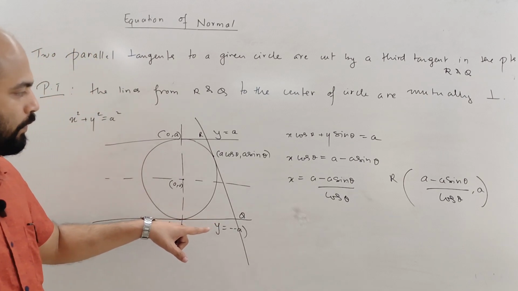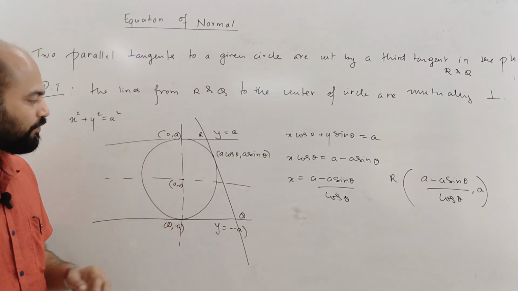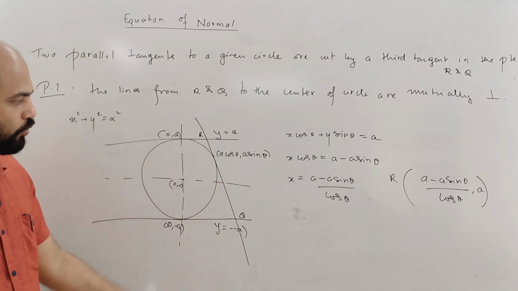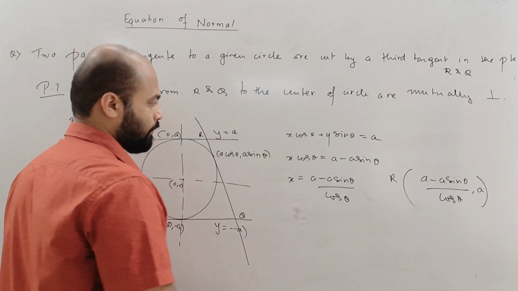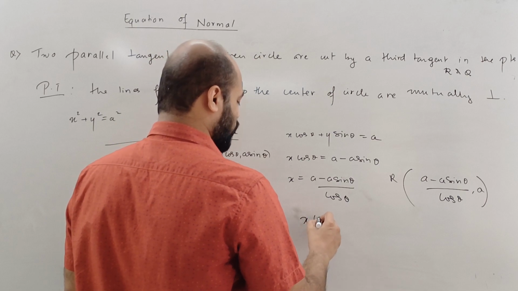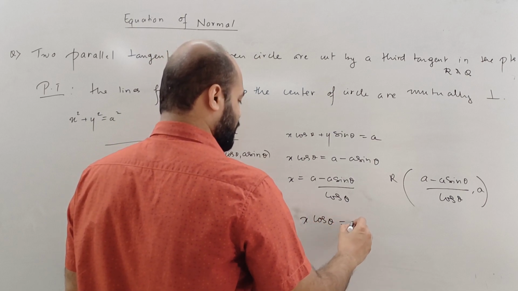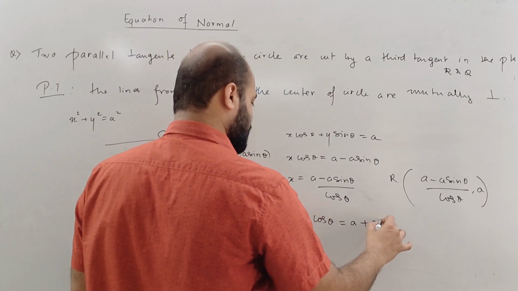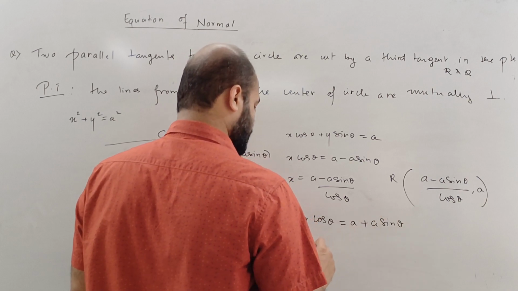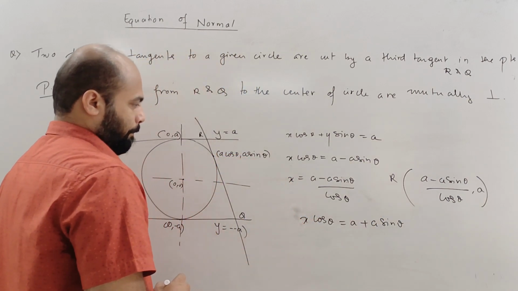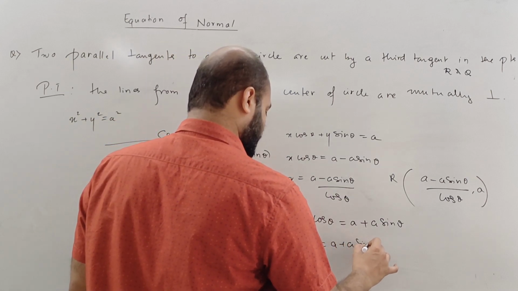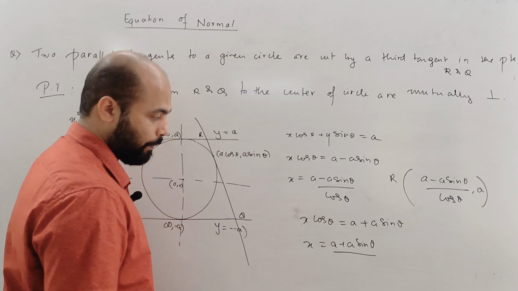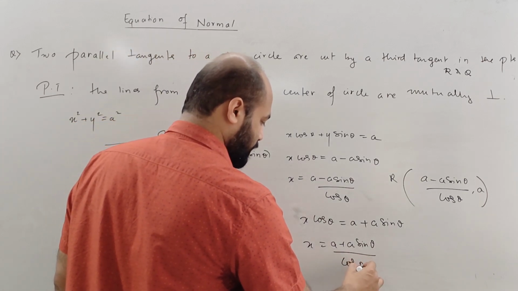Similarly, we can find Q. To find that, we have to find the point of intersection of this tangent and y equals minus a. So over here, I'm going to put y equals minus a. That gives x cos theta equals a plus a sin theta, so x equals (a plus a sin theta) divided by cos theta.